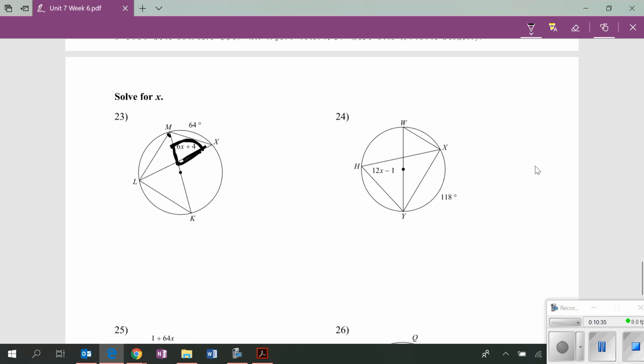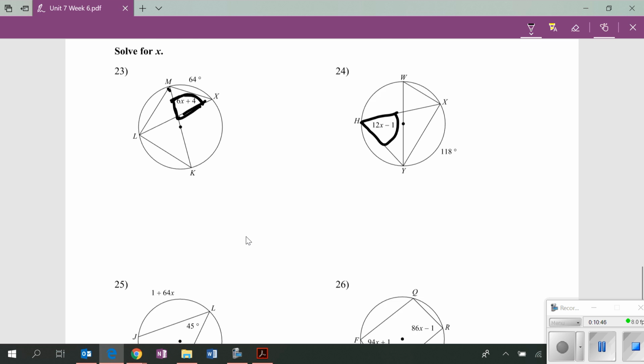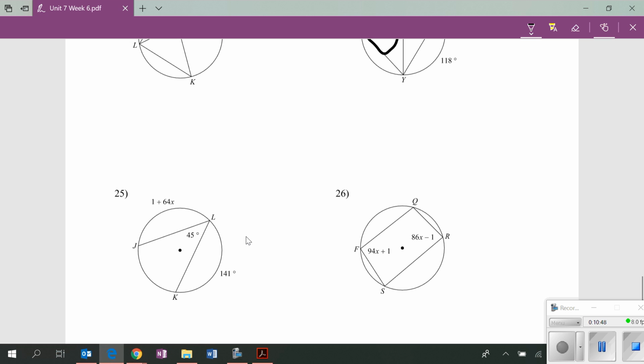This 12x minus 1 is this angle right here. My 45, you can see it clearly there. Your 94x plus 1, 86x minus 1.